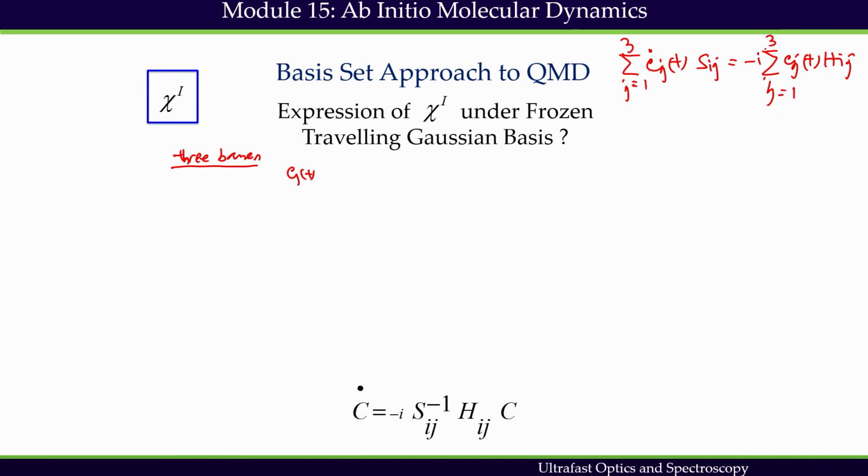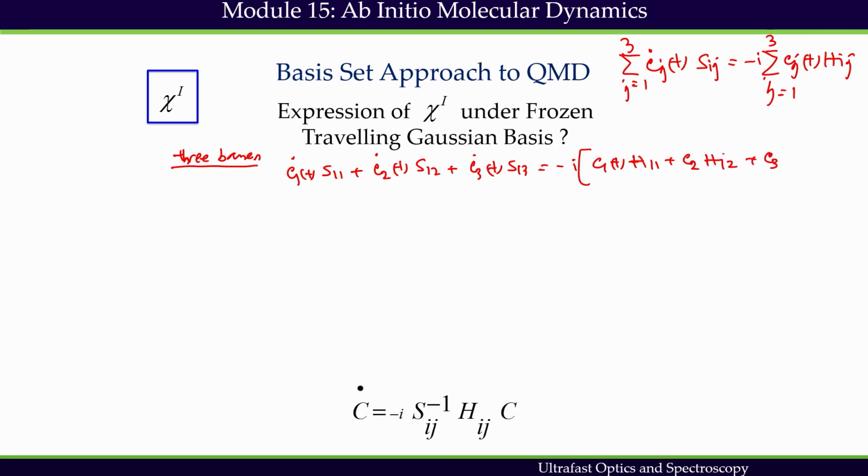In that case, one can write down c1 dot S11 plus c2 dot S12 plus c3 dot S13 equals minus i times c1 H11 plus c2 H12 plus c3 H13.